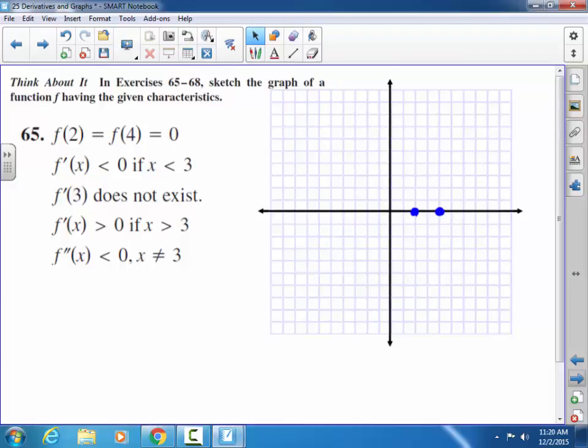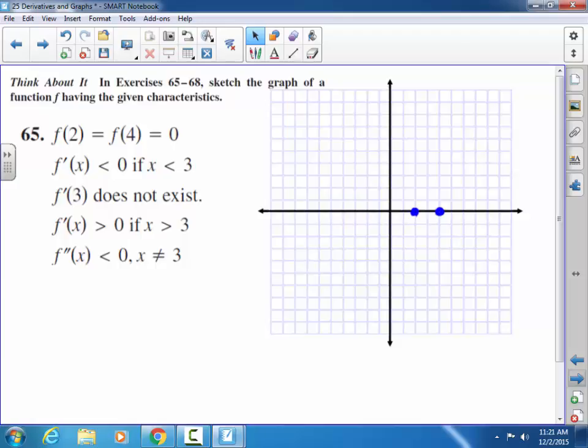So boom, we've got two x-intercepts. All right. The second line says that the derivative is less than 0 if x is less than 3. What does that mean?